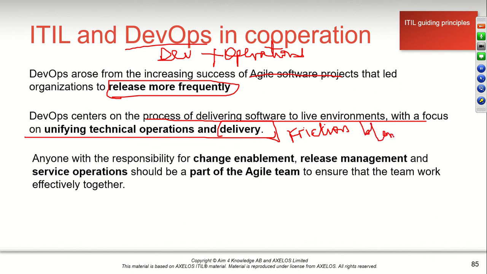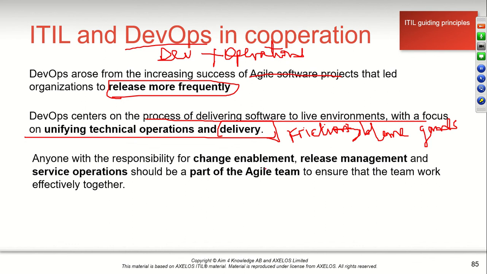These are part of the issues that used to happen prior to the advent of DevOps. You used to have a lot of friction and blame games between the technical operations and delivery teams. With the unification of both of them, the friction is removed, the blame game is removed, and they are able to work together as one team.